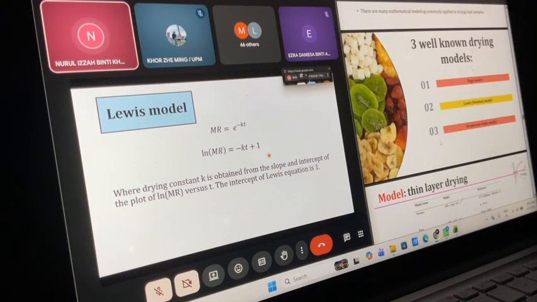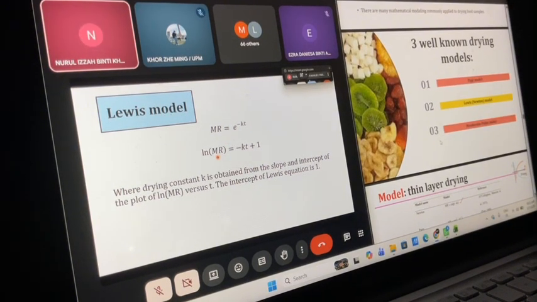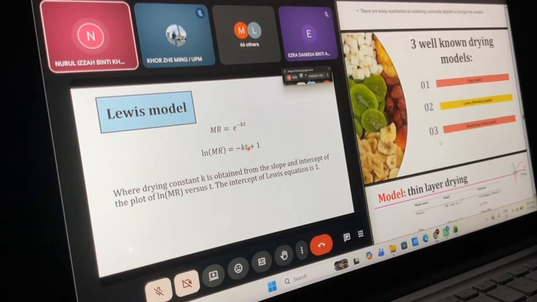And for the Lewis model, the y is ln MR, the moisture ratio at different time, and the slope is negative k, the coefficient, plus 1, which is your intercept.